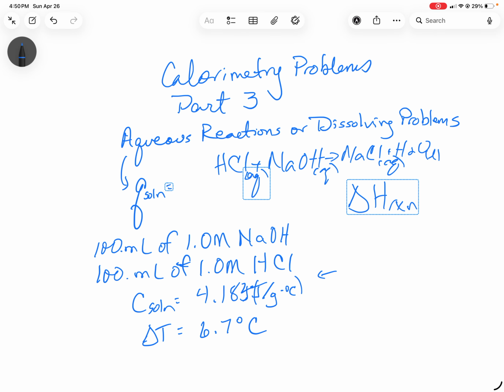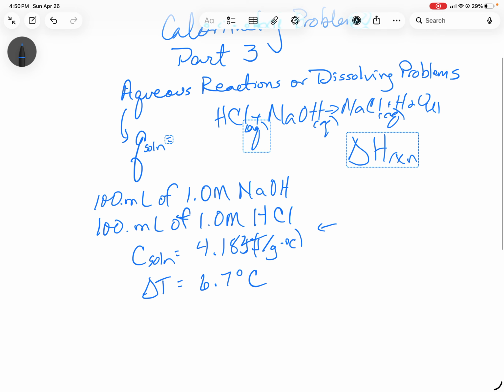These are solutions. So the first thing we had to do was figure out how much heat was gained by that solution, Q of solution. Somewhere in the question, it would tell you the density of this solution is 1 gram per milliliter. 100 milliliters of this and 100 milliliters of that is 200 milliliters.